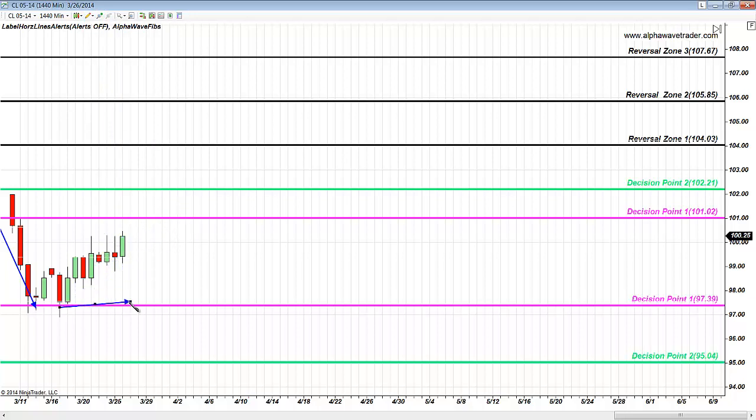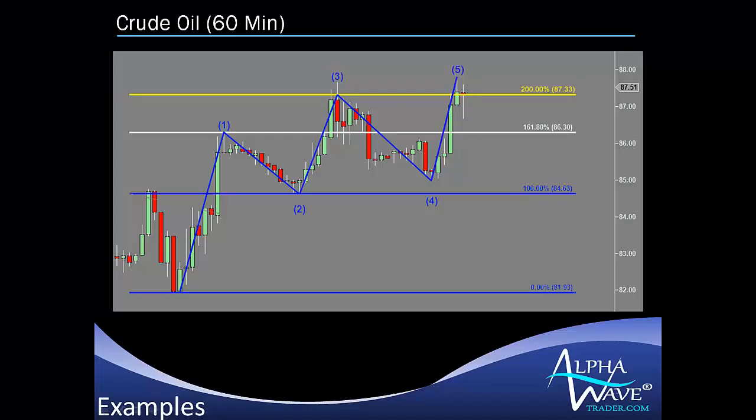What do you see? You see how important decision point 1 is to the downside, correct? It is the end of the minor trend. And that is the end of the minor trend to the upside. And here is the magic of the puzzle, which never ceases to amaze me.